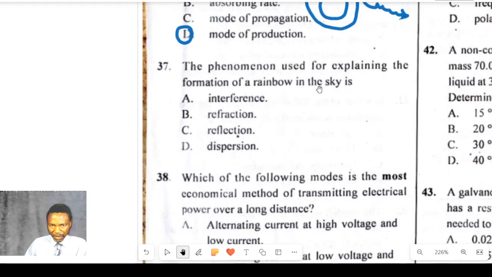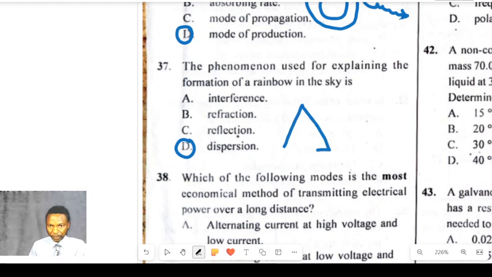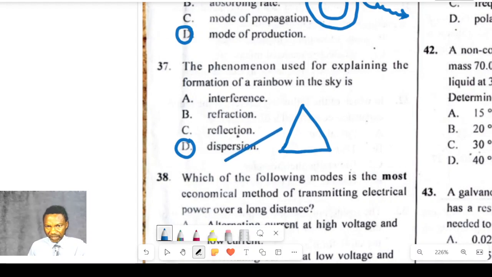All right, number 37. The phenomenon used for explaining the formation of a rainbow in the sky is dispersion of light. That is the splitting of white light into its constituent colors. Let me say one or two things here about dispersion of white light. Let me use a triangular prism, and a ray of light incident on it.